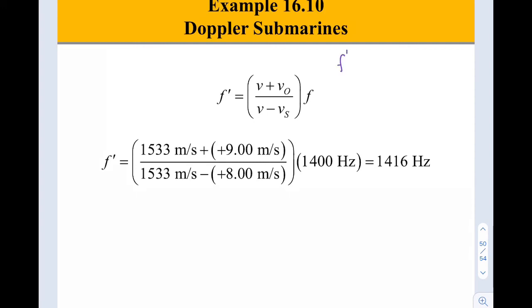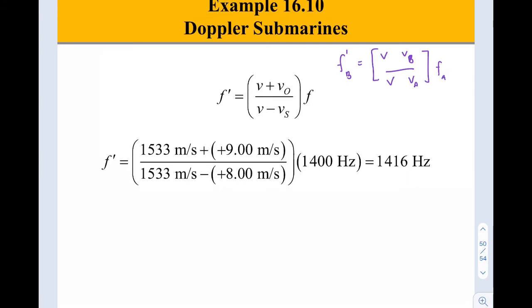F received by the observer is equivalent to the speed of sound in water, V, plus or minus V of the observer, which is B, over V plus or minus V of the source, which is sub A, times F of A.